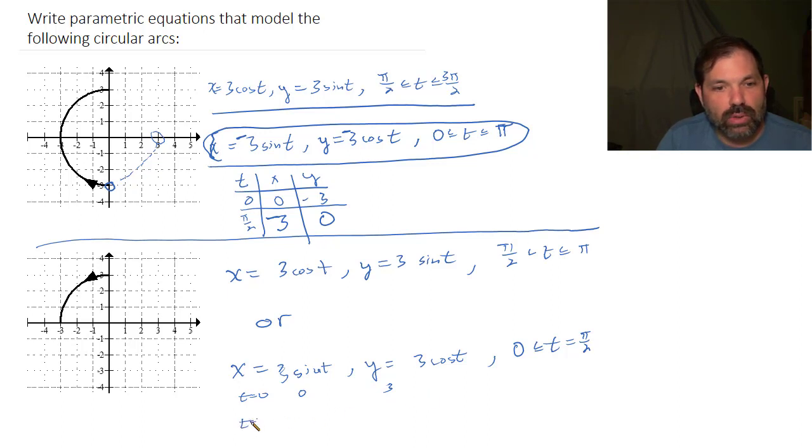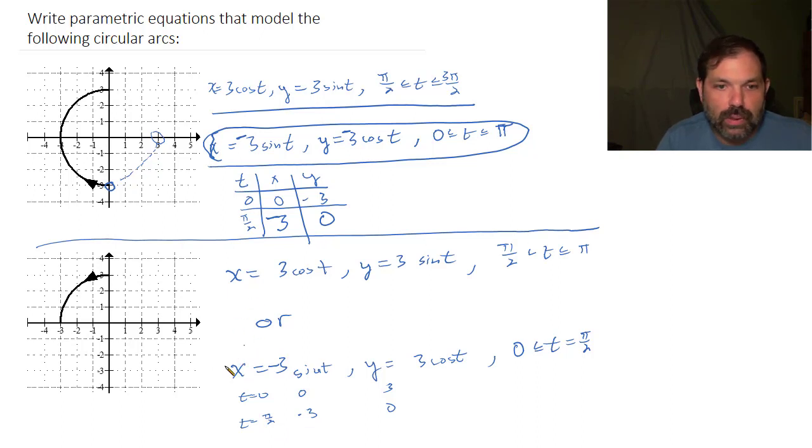But now if t equals pi over 2, that would give me (3, 0). And that's not what I want. I need (-3, 0). So let's fix the x coefficient and make it -3 sine t. And then that'll give me (-3, 0).